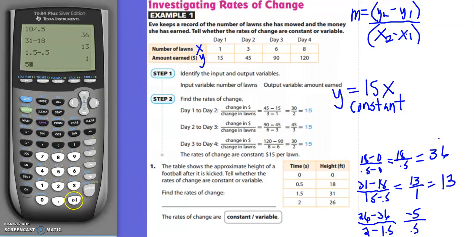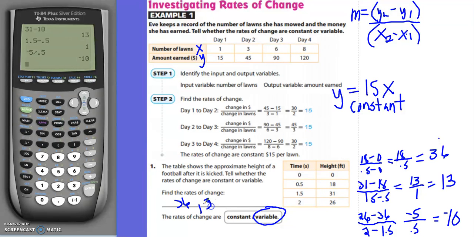So this would be negative 10. This is not a constant rate of change. This is variable. And the rates of change are 36, 13, and negative 10. All right, let's take a look at the back side.